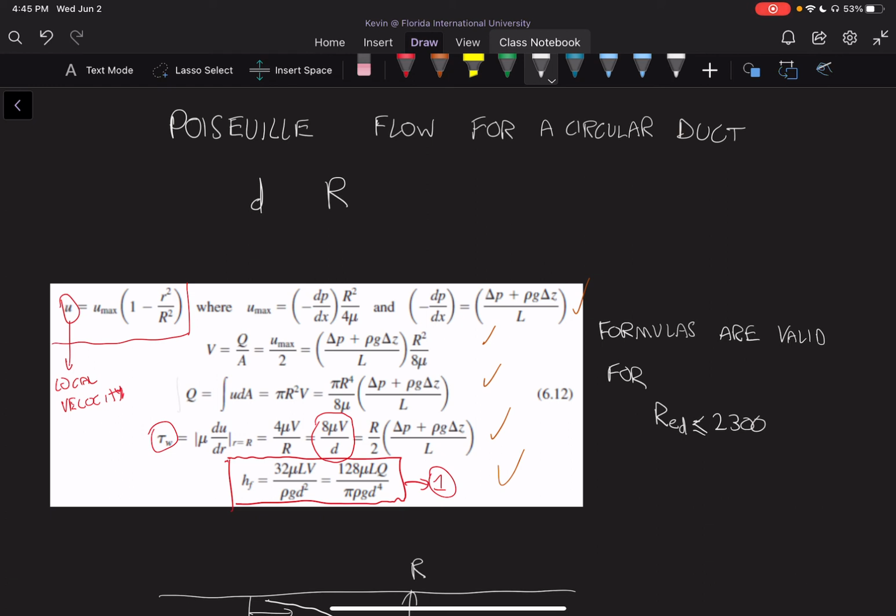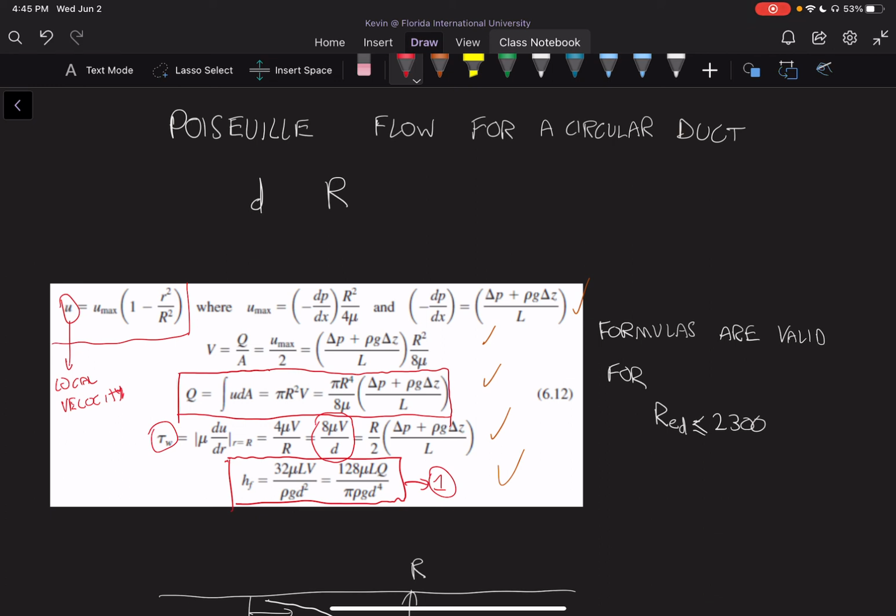We have that Q is equal to pi r squared V, or pi r to the fourth times delta P plus rho GZ over L over 8 mu, and we can work it out that way.